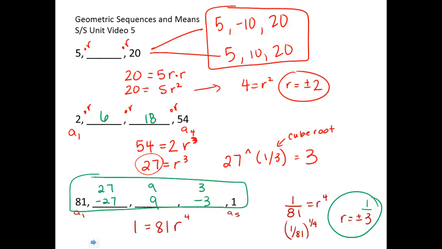Also, making sure that we understand geometric means and that we're not using addition here. I'm not adding on these values. I'm using exponents to represent repeated multiplication because I'm multiplying by r, by r, by r, by r. So that repeated multiplication is important. All right, great job.